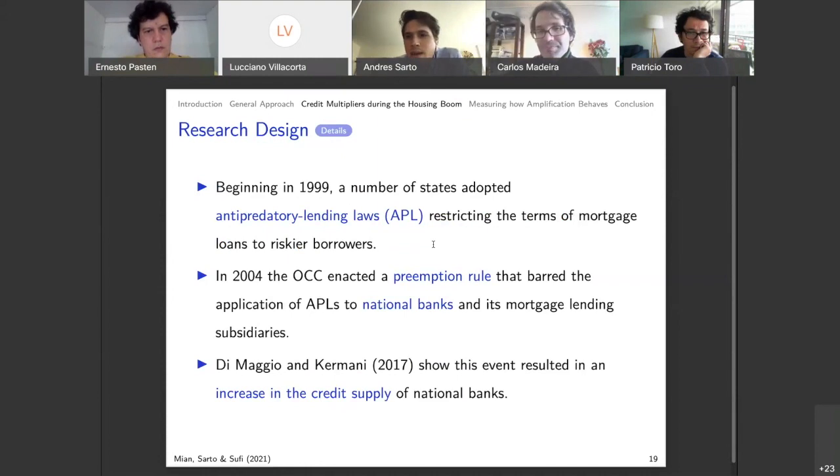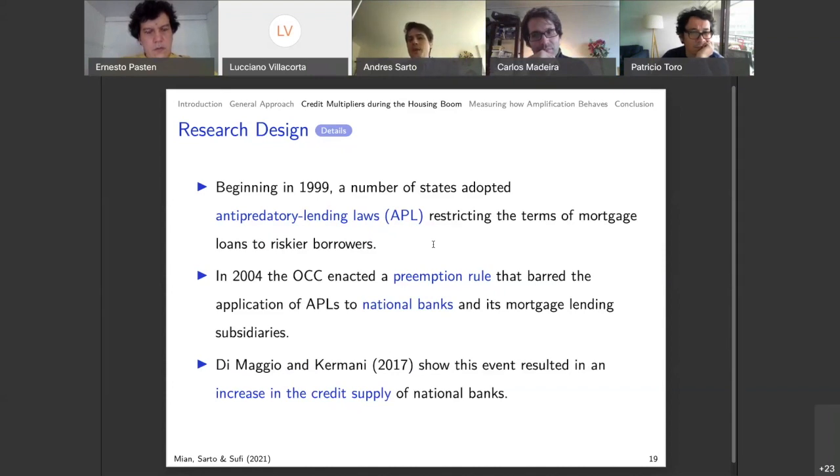They were looking at the states that had anti-predatory lending laws, and in 2004, the Office of the Comptroller of the Currency, which is one of the agencies that regulates national banks, enacted this preemption rule that basically barred the application of these laws to national banks and their mortgage subsidiaries operating there. So all of a sudden, national banks were not subject to these rules anymore.